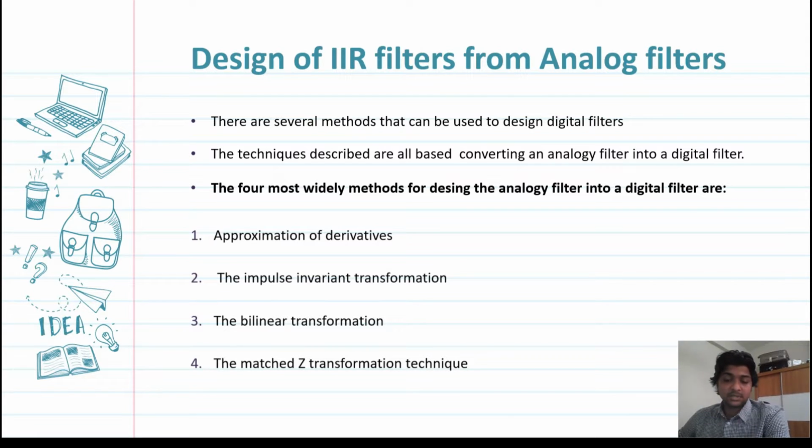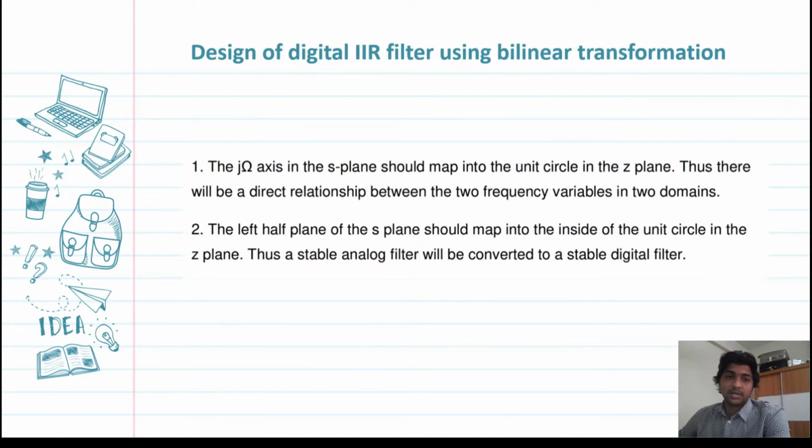In this presentation I will explain only IIR filtering using the bilinear transform. The bilinear transformation has to fulfill two conditions. First, the jΩ axis in the s plane should map into the unit circle in the z plane, so there will be a direct relationship between the two frequency variables in the domain.